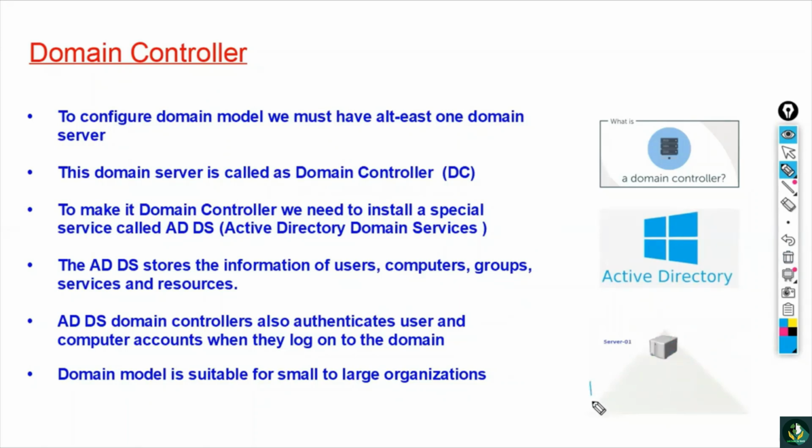When any user wants to log into any computer, let us say user one wants to log into this computer, the request will go to this server. Who is authenticating the request? It is authenticated by the Active Directory Domain Controller, using the Kerberos protocol. The domain model is suitable for small to large organizations.